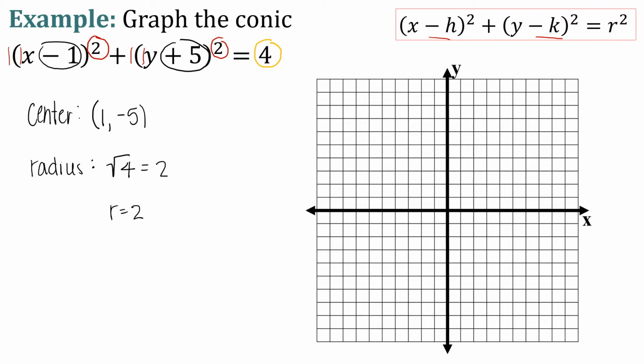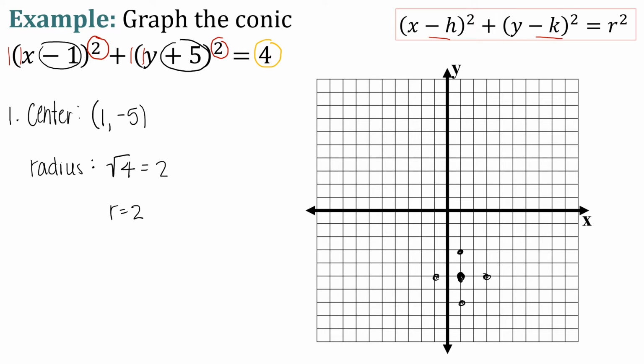So let's graph this. The first thing we need to plot is the center. We're going to go out 1, down 1, 2, 3, 4, 5. There's our center. Now our radius is 2, so I'm going to use my radius to go in four directions: up 2, to the right 2, down 2, and to the left 2.